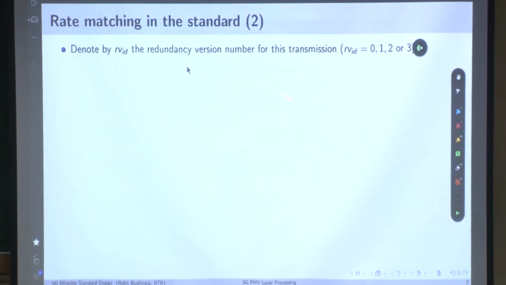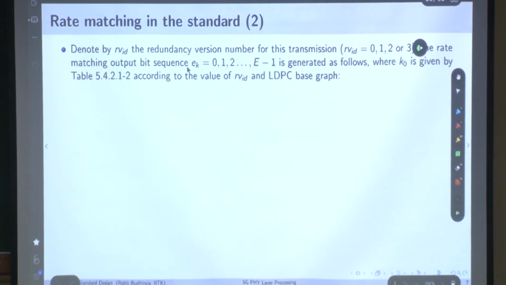So what are we denoting? This RVID is the redundancy version, and it can go from 0 to 3. This is the rate matching output sequence, denoted E_k. I have just copied the instructions given in the standard. It is generated as follows: the input is D, so how will you generate E, the rate matched output, from D?